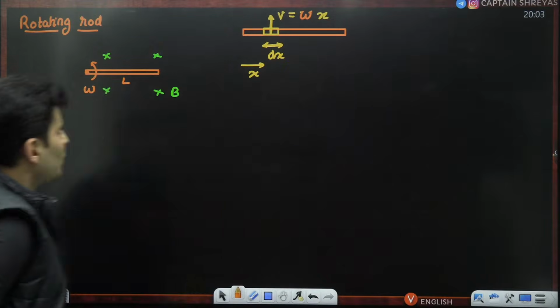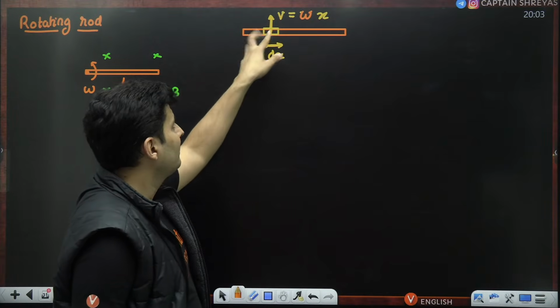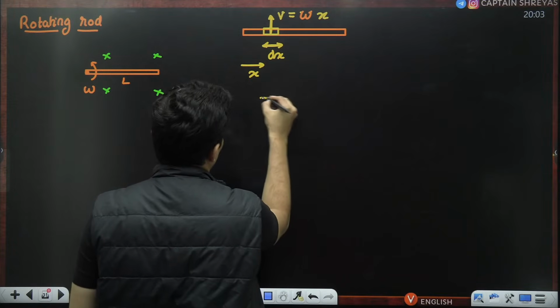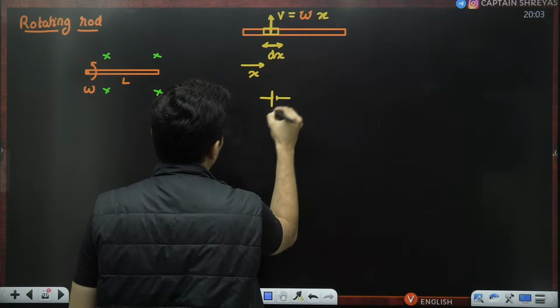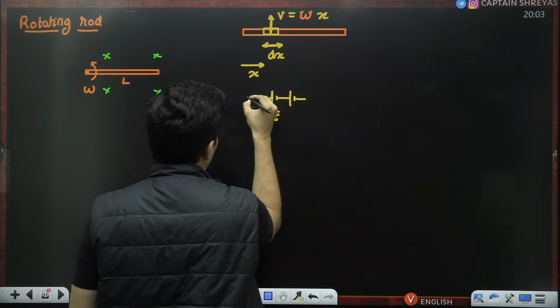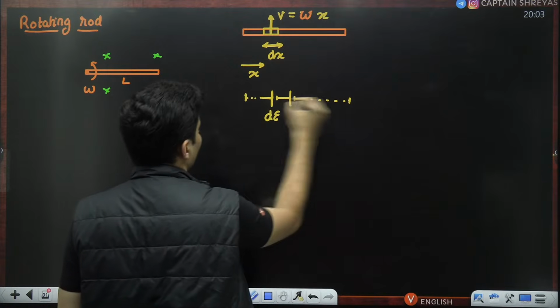All right. So coming back over here, each point's velocity is different. So each segment behaves like one teeny mini battery of EMF dE, and there are many such batteries from here to here.